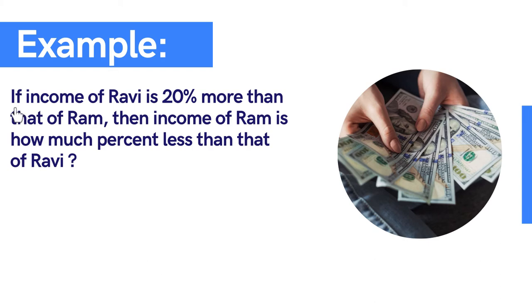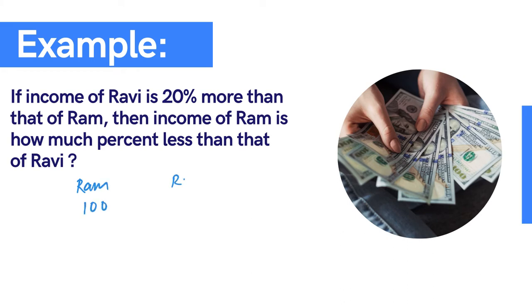The question is saying if the income of Ravi is 20% more than that of Ram, then the income of Ram is how much percentage less than that of Ravi. So the comparison is on Ram, because Ravi's income is 20% more than that of Ram. So suppose Ram's income is 100.